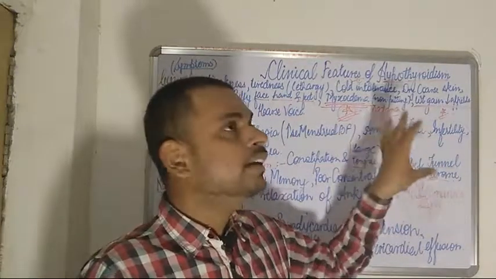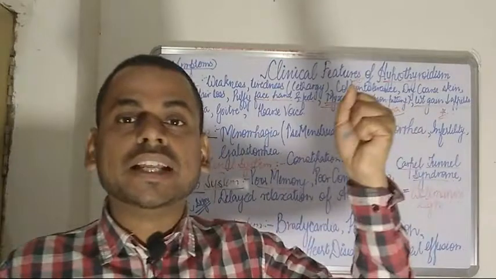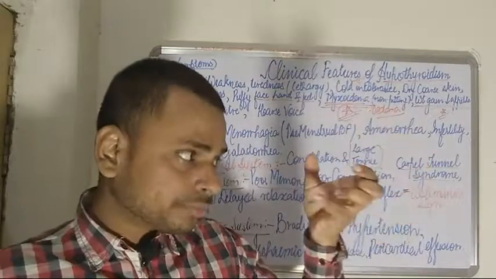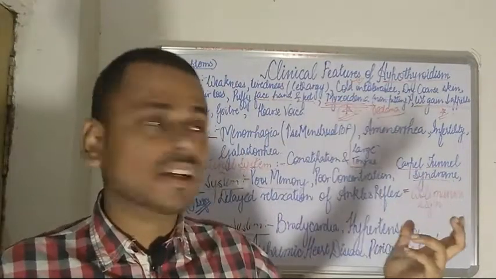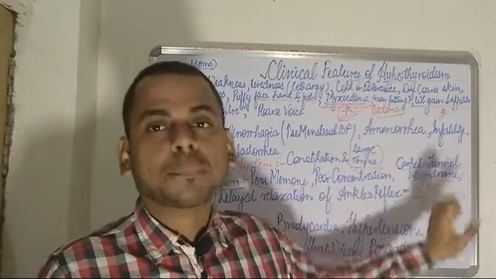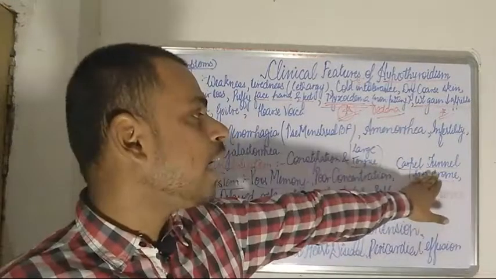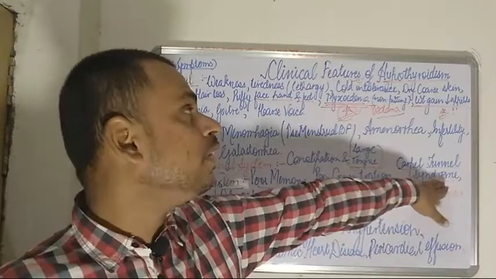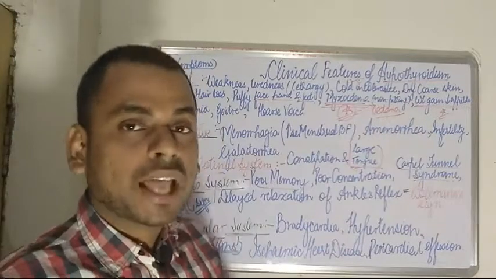This pain, numbness and tingling sensation in the wrist due to compression of the median nerve is called carpal tunnel syndrome. It is very commonly found in patients of hypothyroidism.